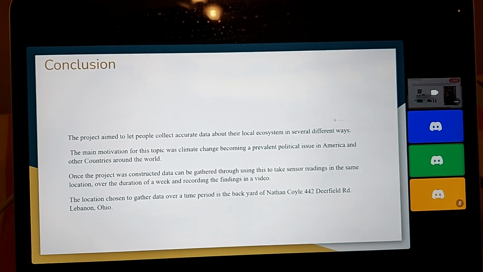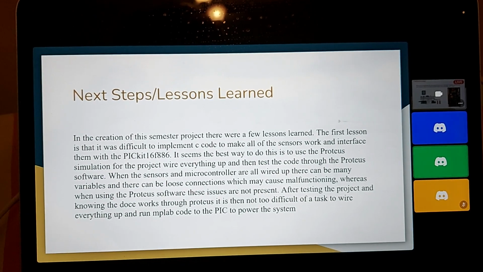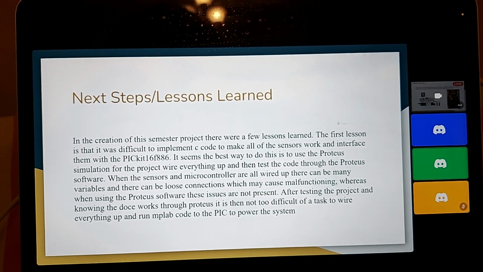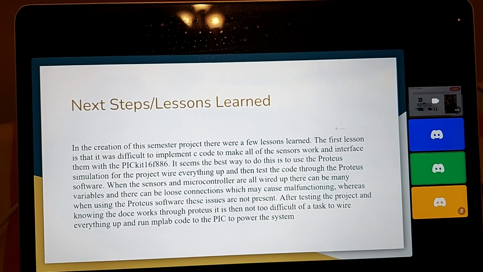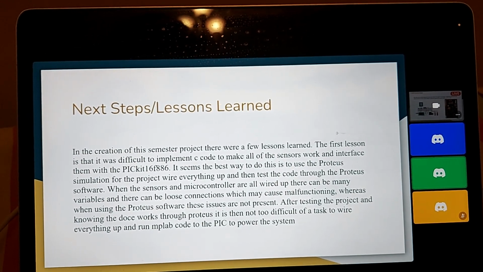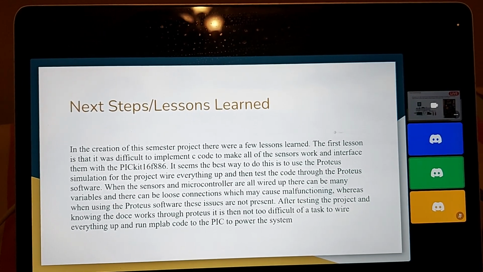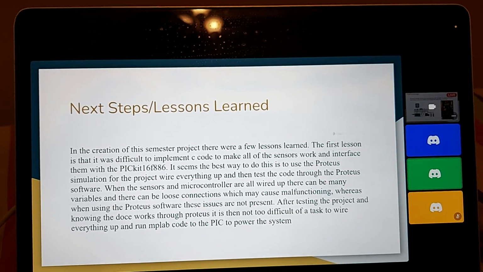And so for the next steps and lessons learned, it was pretty difficult to implement the C code in MPLAB because none of us were really that familiar with working in that program, and we haven't ever used a PIC kit before.